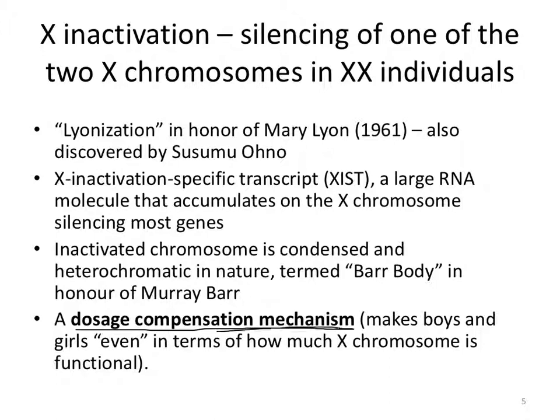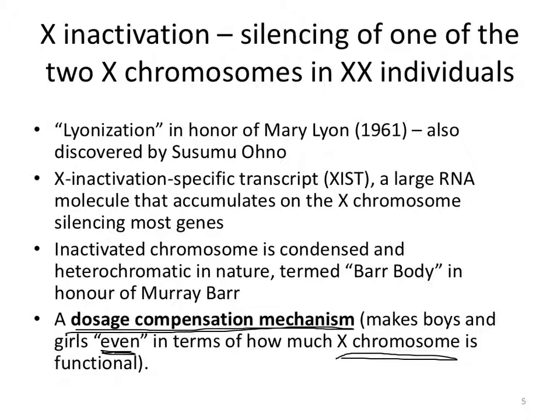It's a way of making sure that females and males are somewhat equivalent in terms of how much X chromosome they have that is functional, so that males and females will have similar levels of the gene products that are encoded by genes on the X chromosome, something called dosage compensation.